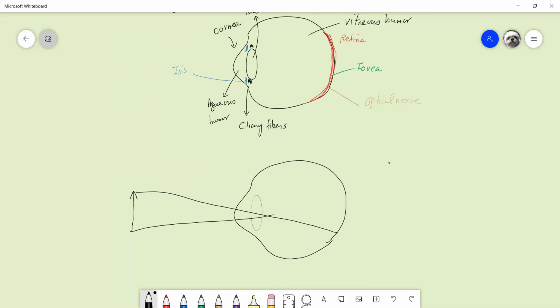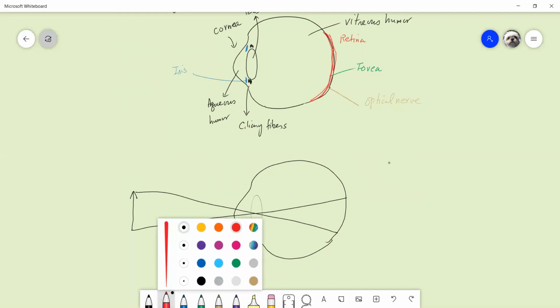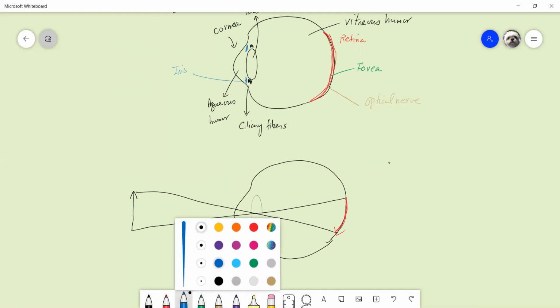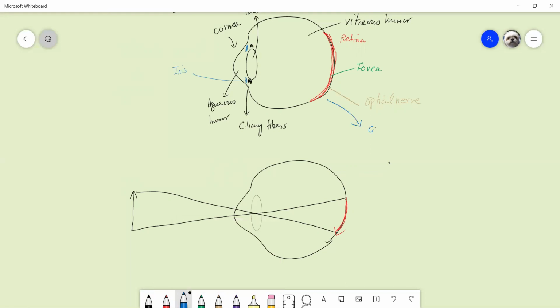A simple drawing. Now, where is the image? The image will be here, forming on the retina. Remember the retina has the cone and rod cells, right? So whatever image is on your retina is upside down. You got it?